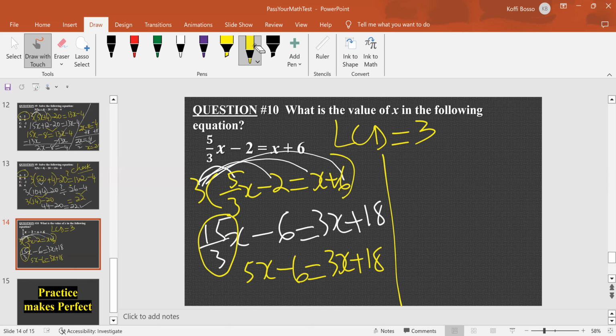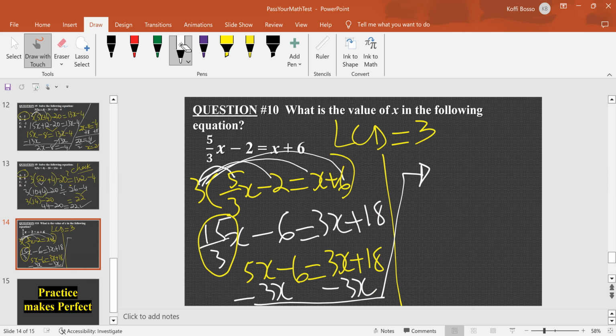We continue. We're going to subtract 3x on both sides. Therefore, we have 2x minus 6 is equal to 18, because 3x and negative 3x cancel out.